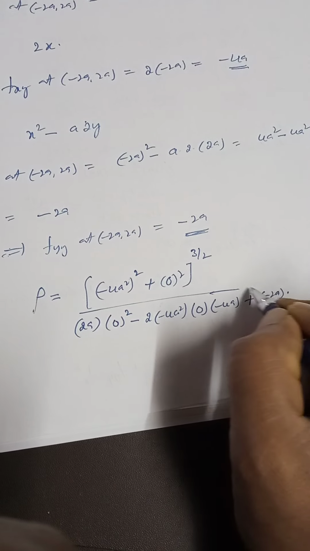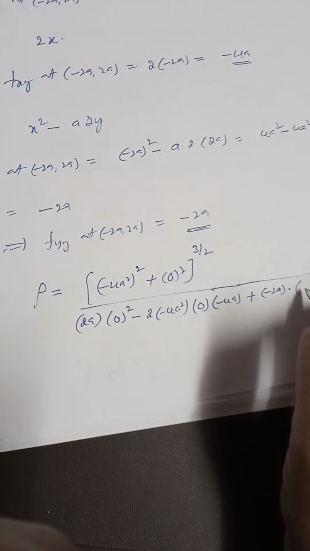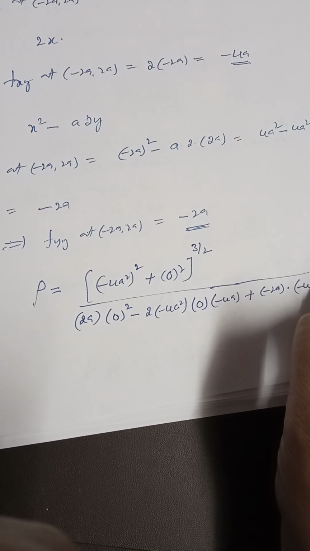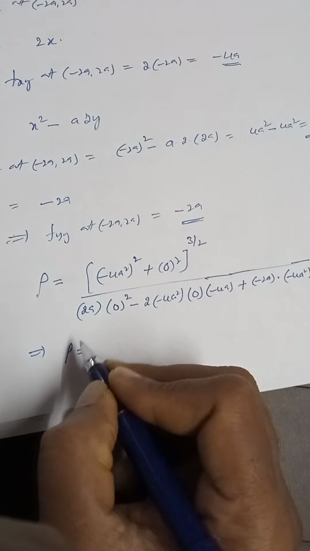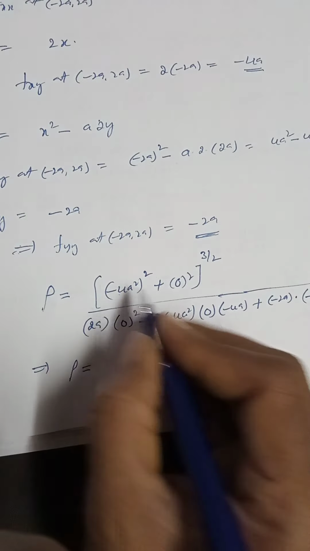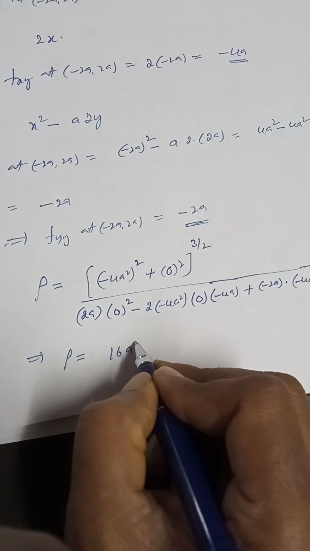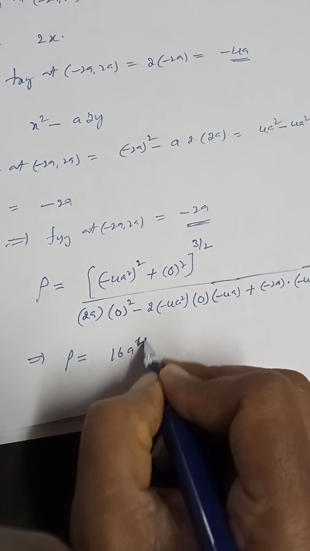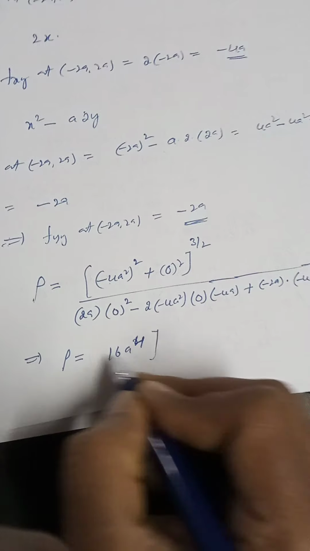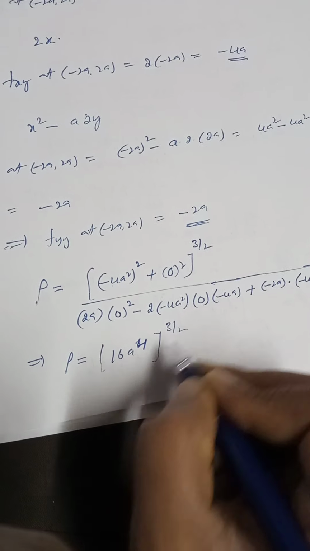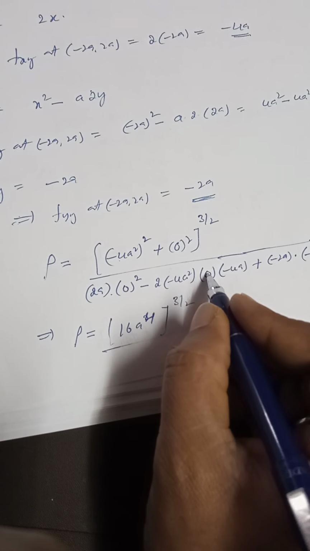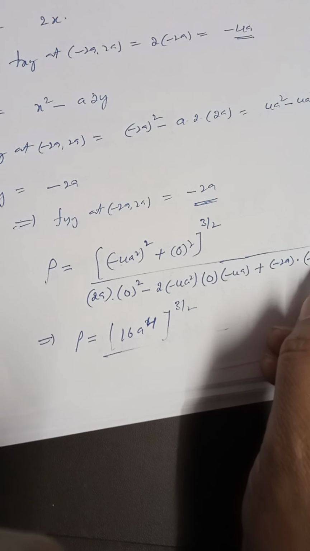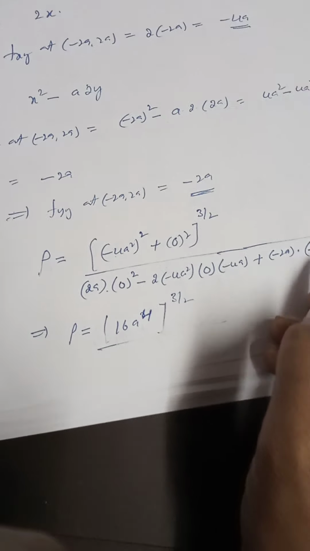Minus 2a into fx square, what is fx? Minus 4a square whole square. Simplify this one. Rho is equal to, these 4 4s are 16a square, a power 4, a square whole square and a power 4, whole to the power of 3 by 2, by, this one is 0, this term is 0, here minus into minus becomes plus, right?